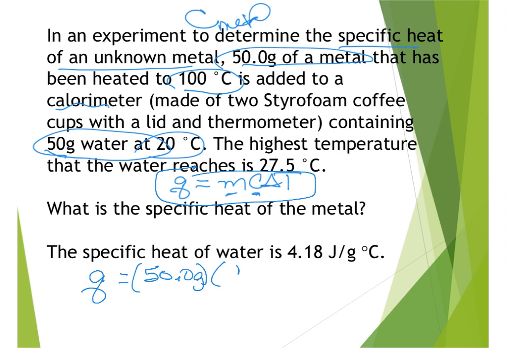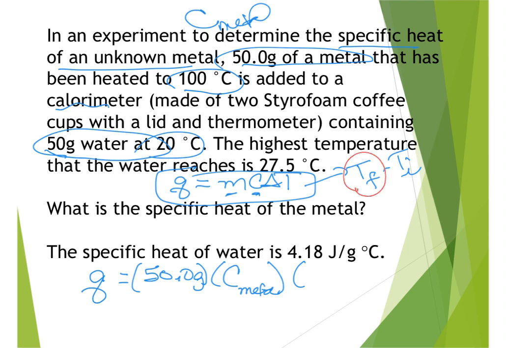I don't know the specific heat capacity of the metal. And for change in temperature, remember I said these changes are typically final value minus initial value. Now the final temperature for the metal is not specifically laid out for you in the problem. However, it's very important to realize that the final temperature when two objects of different temperature are in contact with each other is the same.